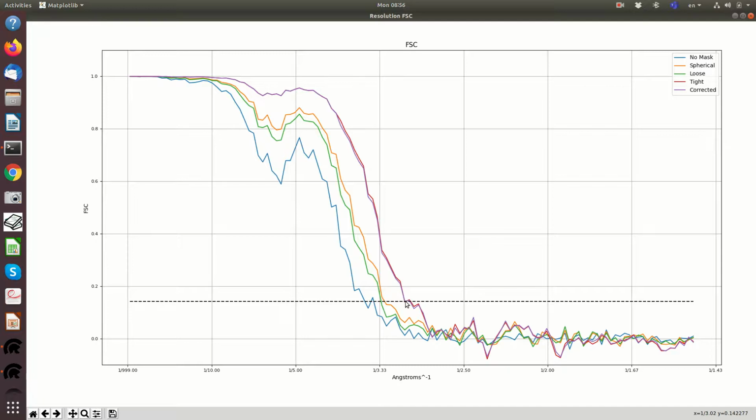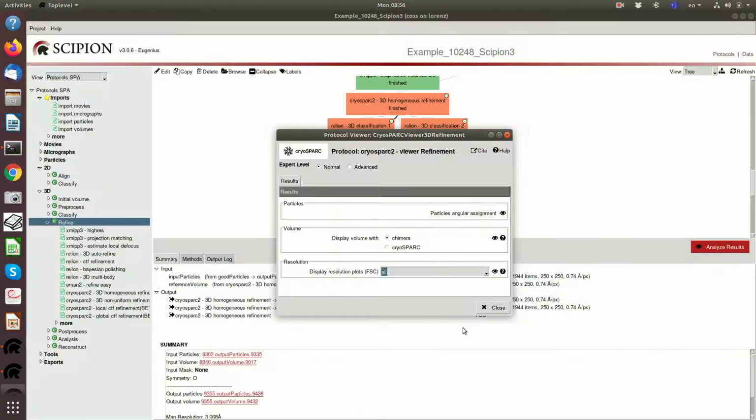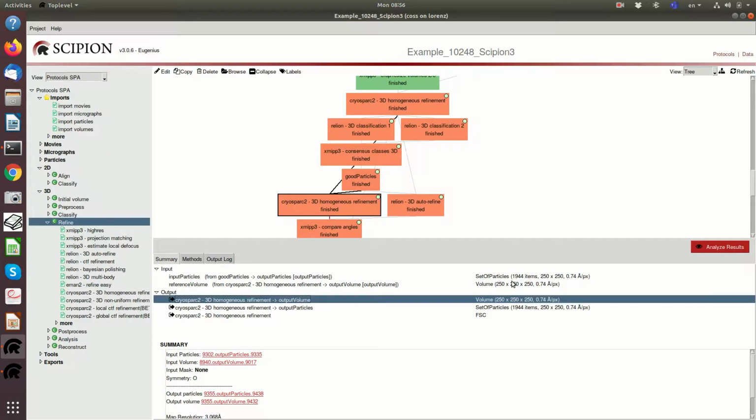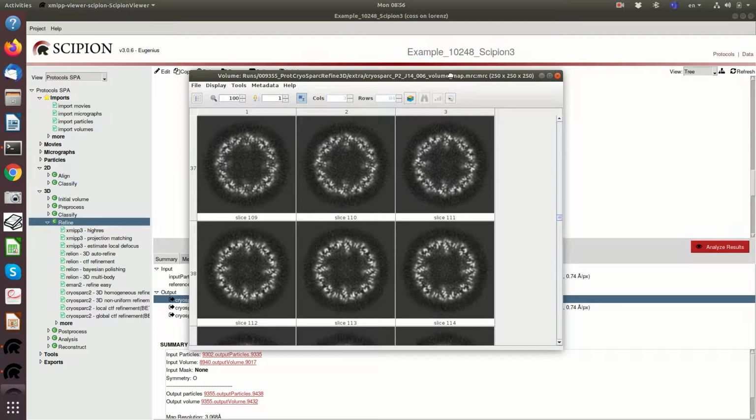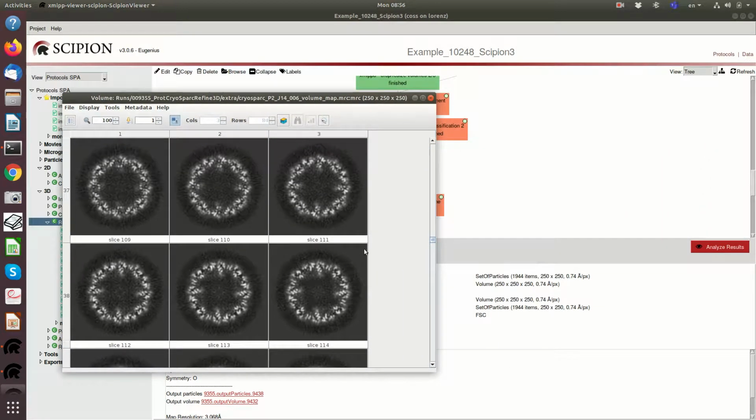It was 2.8 before, but here it is 3 angstroms. There is not really a big difference between 3 and 2.8, and now we have the advantage that we are sure that the particles we are putting in are the right ones. We can also look at the reconstructed volume, and it looks more or less as before, but again we are more sure that the particles we are putting in are the correct ones.